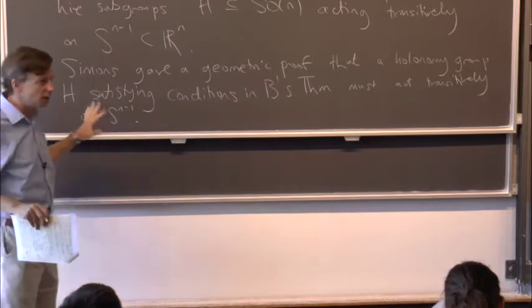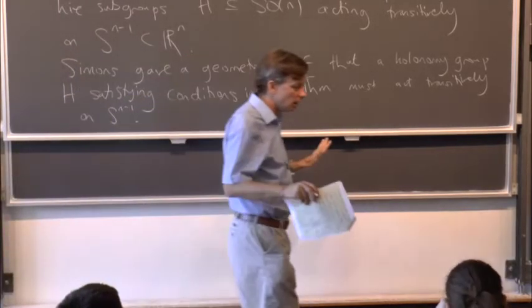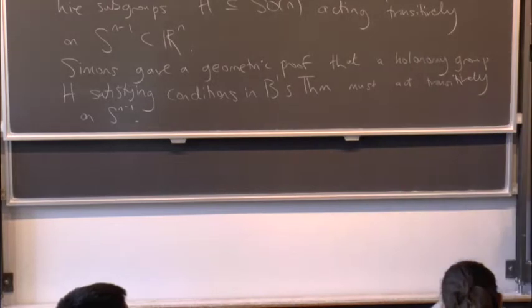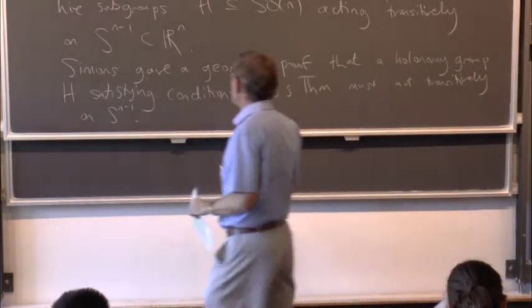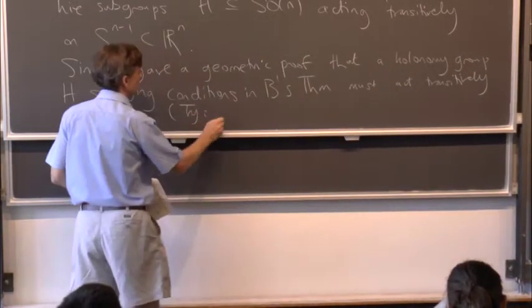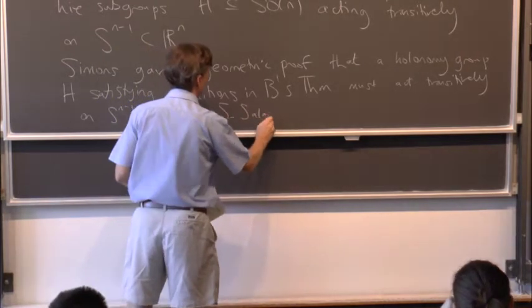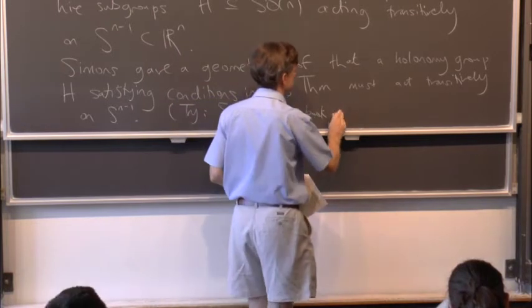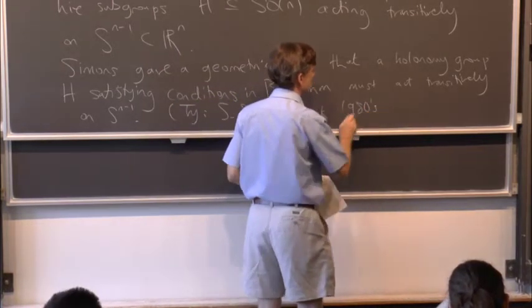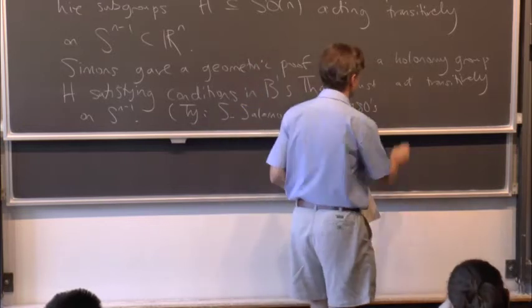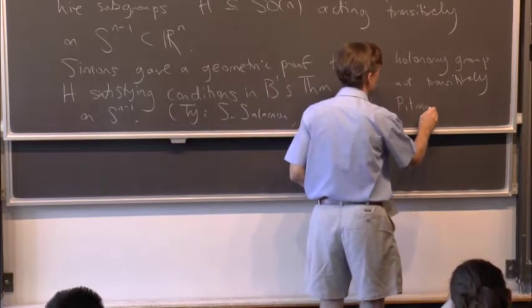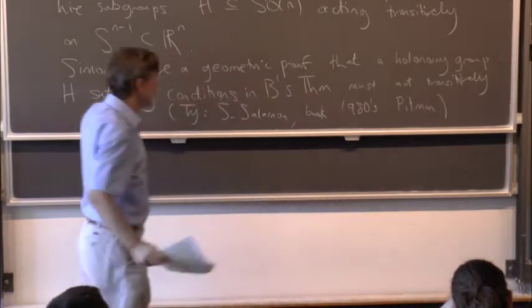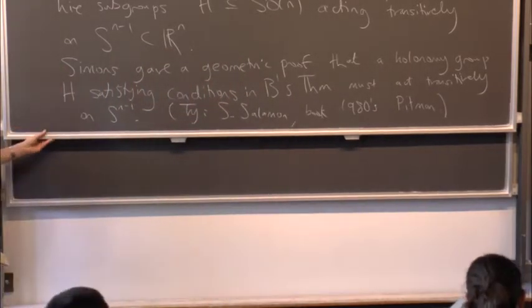I think you can find an account of it in a rather older book by Simon Salamon on holonomy groups, which goes back to about the 1980s, published by Pitman. So I think he has an account of Simons's proof, or you could just read the paper.